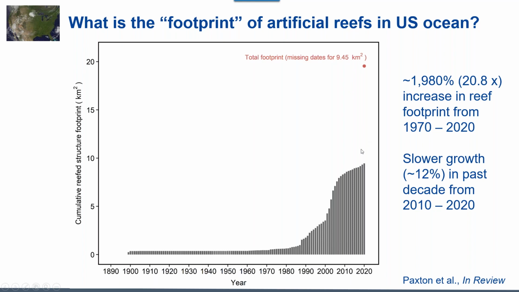And so we have this missing data here. Even with those missing data, we do think we're able to use what we have, about half of the footprint, to understand some of these broader patterns in reef footprint over time.